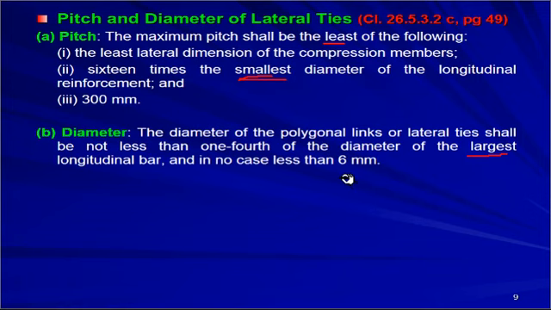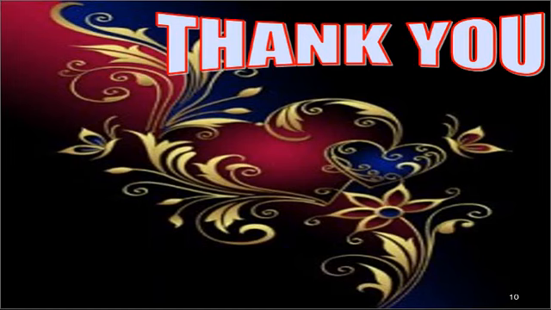That means if we are considering a column with a combination of bars like 4 of 25 mm diameter plus 4 of 16 mm diameter, 25 divided by 4 is more than 6, so you cannot provide 6 mm in that case; you have to provide 8 mm. So if the bar diameter is 25 or more, the diameter of the lateral tie is 8 mm, otherwise you can provide 6 mm.